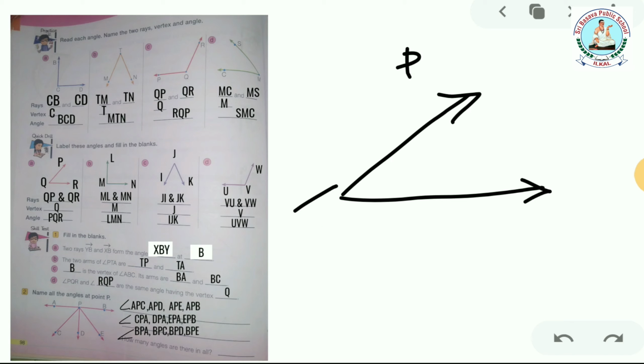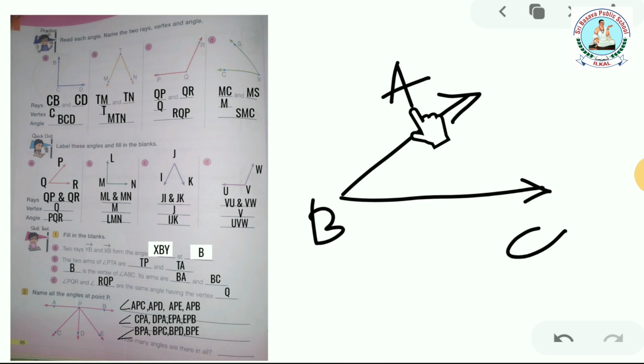Its arms are, so let's see here. We have to write it as A, B, C. So this is the angle ABC, and obviously B is the vertex. And what are the arms? Arms are BA and BC. That's why we have to write BA and BC are the arms of this angle, that is ABC.